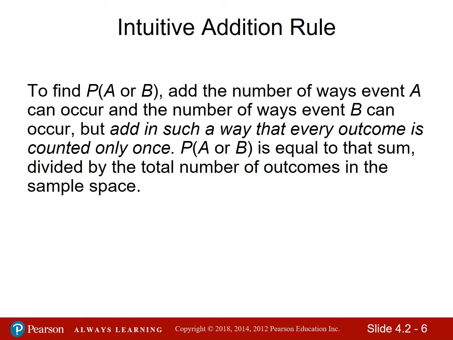So to find P of A or B, all we need to do is add the number of ways event A can occur and the number of ways event B can occur, but add in such a way that every outcome is counted only once. So P of A or B is equal to the sum divided by the total number of outcomes in the sample space.